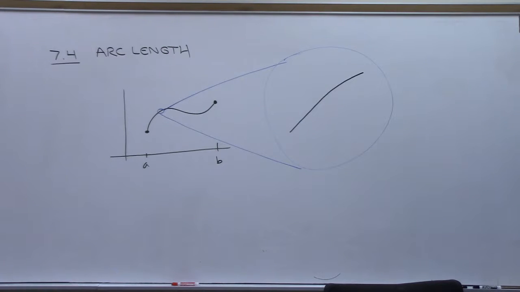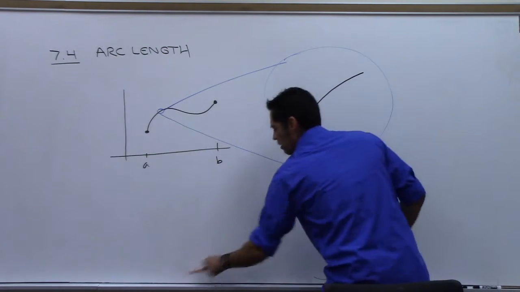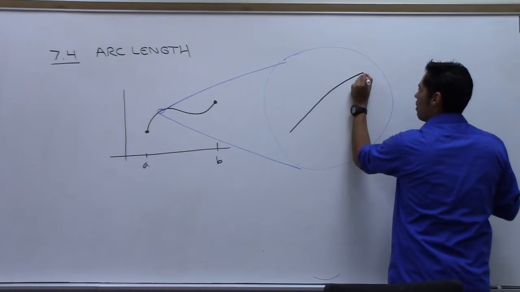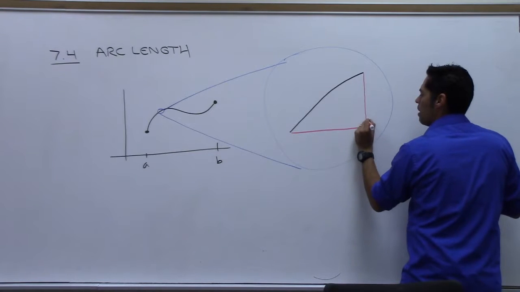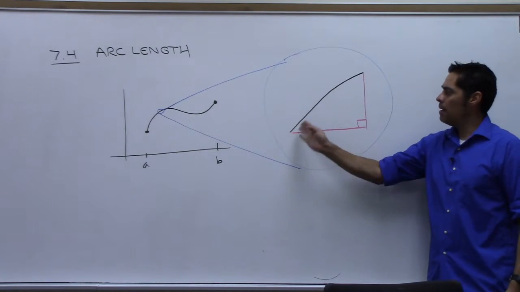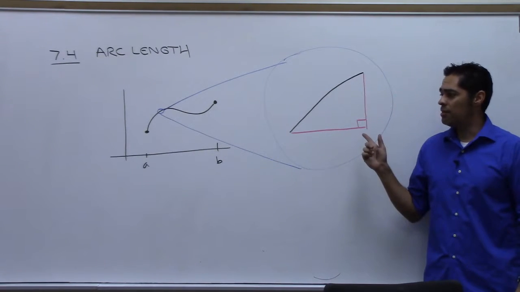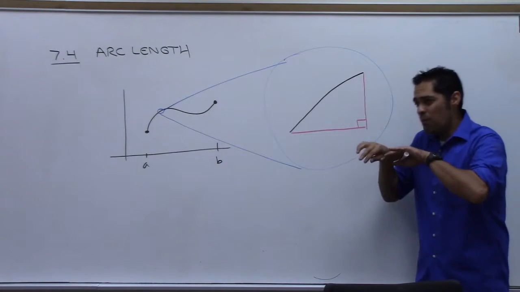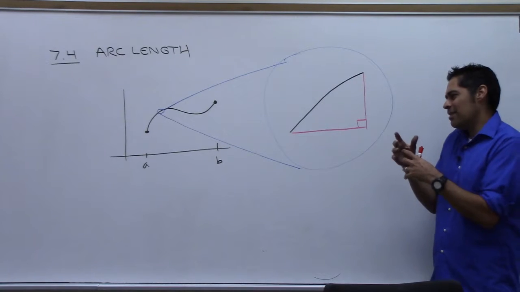Now, I know that if I drop perpendicular down straight from this corner, and I go straight across like this, I would create a right triangle. And the length of this black curve is pretty darn close to the length of the hypotenuse of that triangle, isn't it? Yeah.